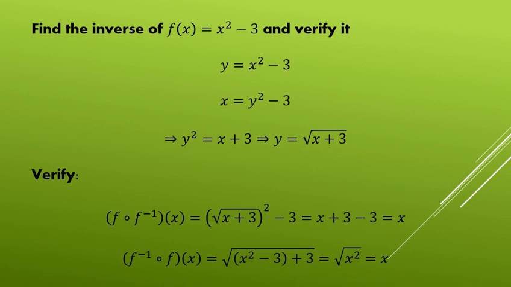Those cancel each other out, and we're just left with x. So there we go. That's our verification that this thing right here is indeed our inverse of f given up at the top. So let's go on to another sample here.